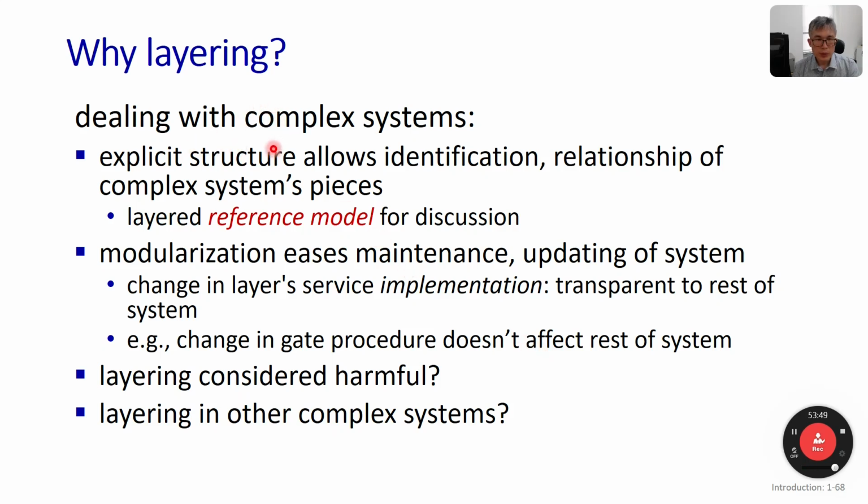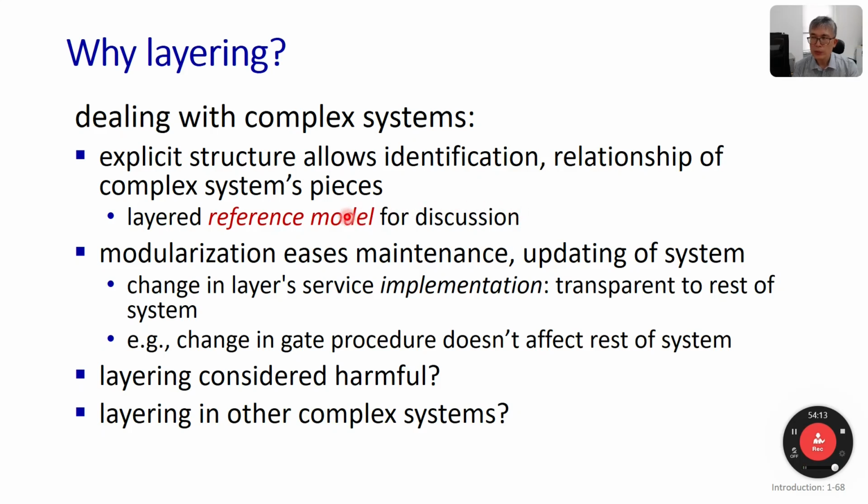So we can deal with a complex system. Explicit structure allows identification of the relationship of complex system pieces. It is called a reference model. If you make all network functions one layer and some problem happens, it is very difficult to debug and also to maintain.